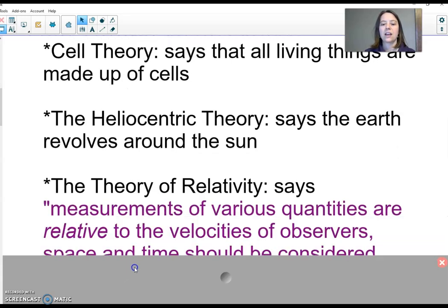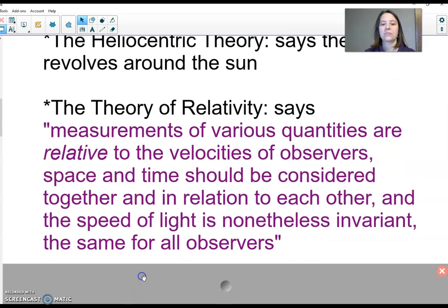So let's look at another theory, the theory of relativity. You don't need to write down the whole theory of relativity, but I'll read it to you. Measurements of various quantities are relative to the velocities of observers. Space and time should be considered together and in relation to each other, and the speed of light is nonetheless invariant and the same for all observers.